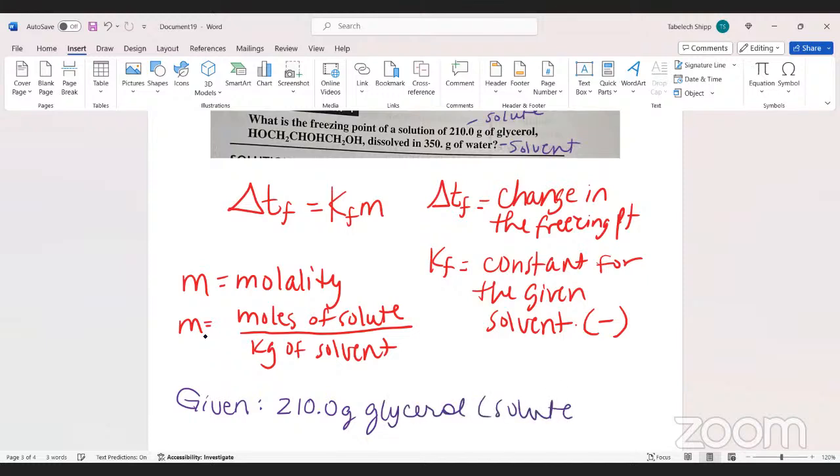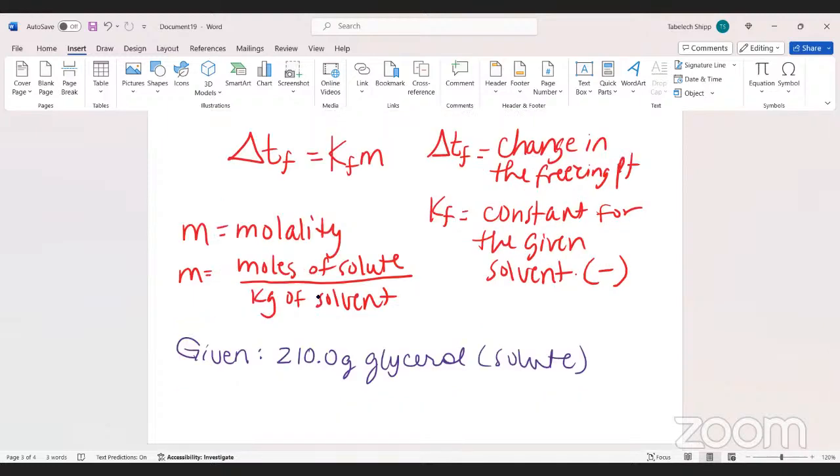And I'm going to put that in parentheses so you will know that. Let me zoom out a little bit so y'all can see that, okay? That is a solute. They also gave us 350. grams of water. Now, again, that is your solvent.